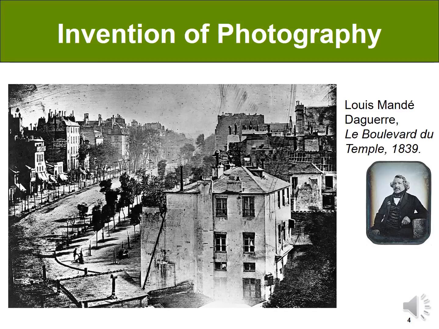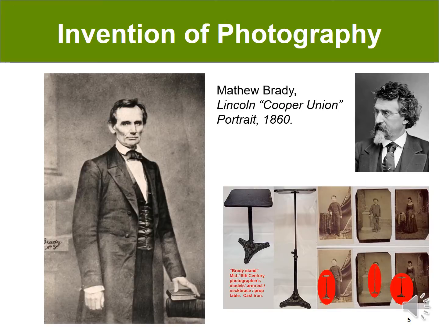There were other people present, but they didn't show up because of the long exposure time. The daguerreotype image cannot be reproduced, as the plate is the negative and the photograph. Photograph portraits quickly became a phenomenon in Europe and North America.